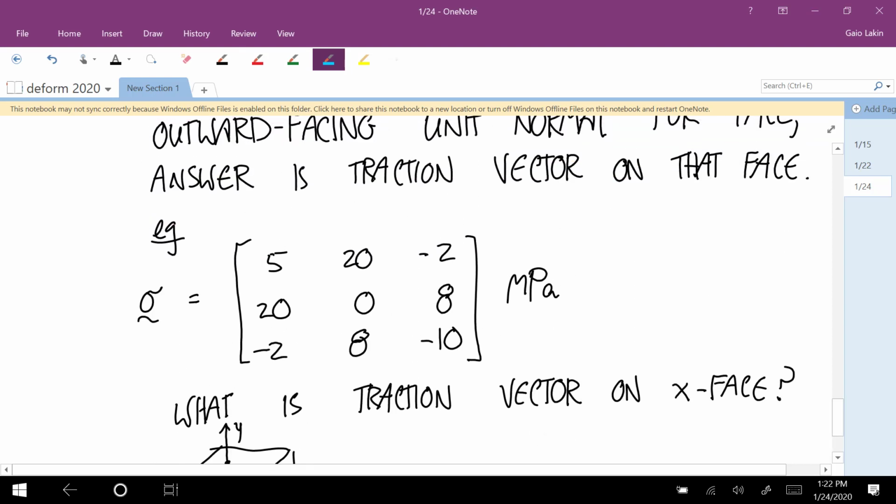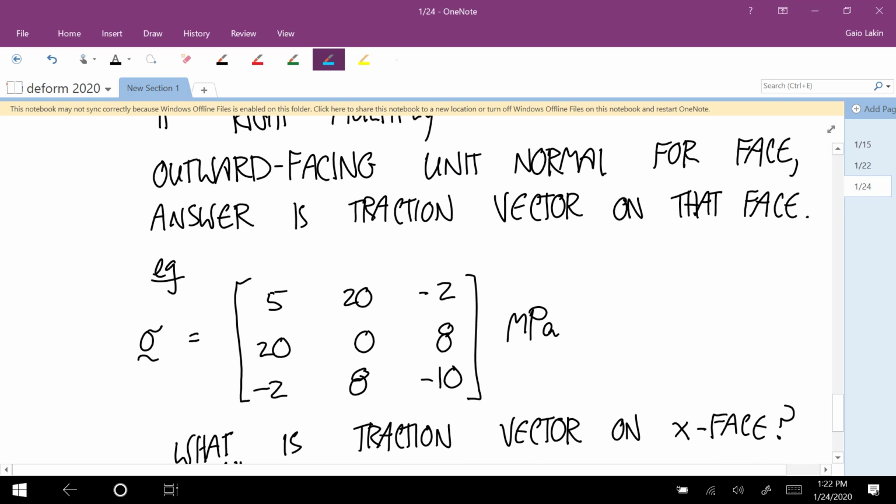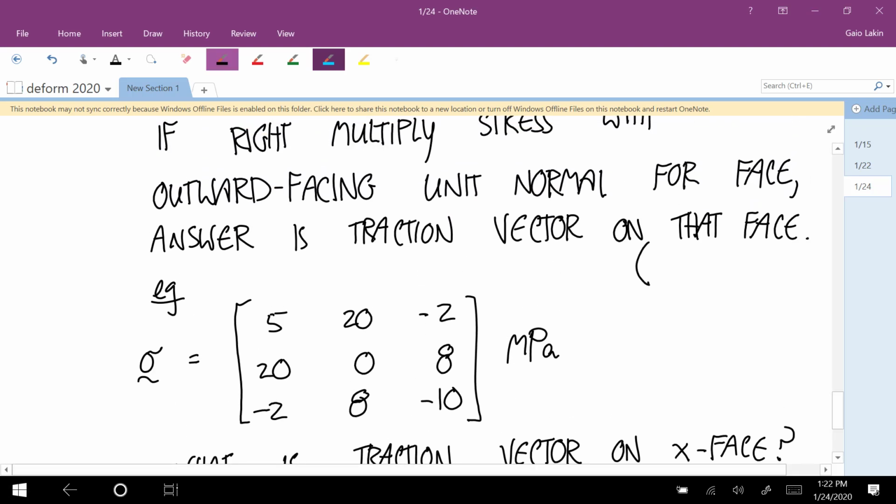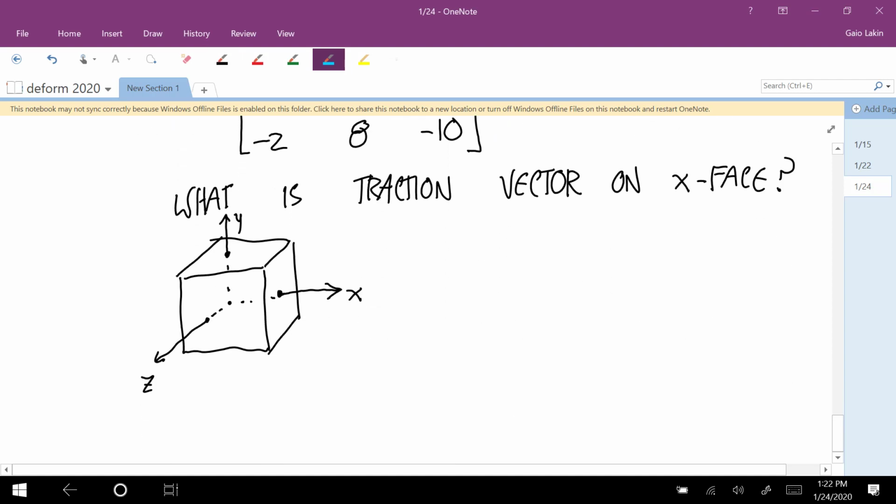These outward facing unit normal vectors, you can visualize like from the movie Alien. These vectors are like the alien coming out of his stomach. It points from the inside out. So what are the components of that vector if it's a unit vector? Yep. So that outward facing unit normal is 1, 0, 0.